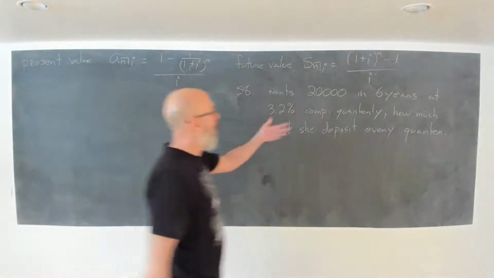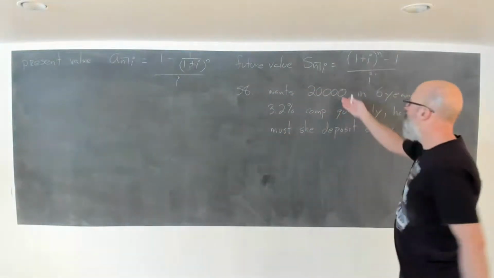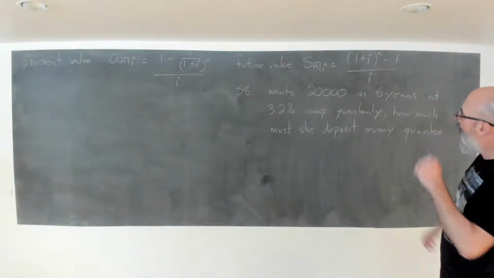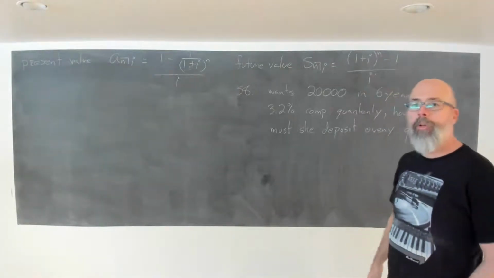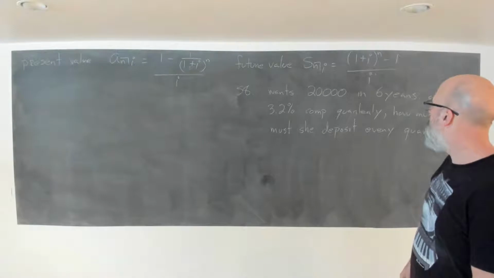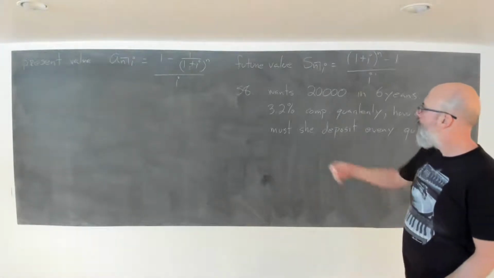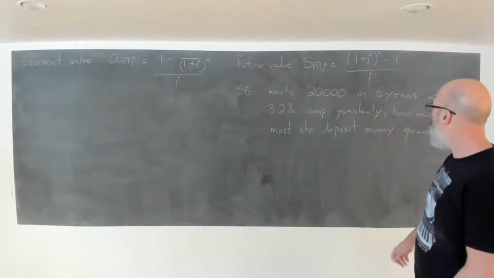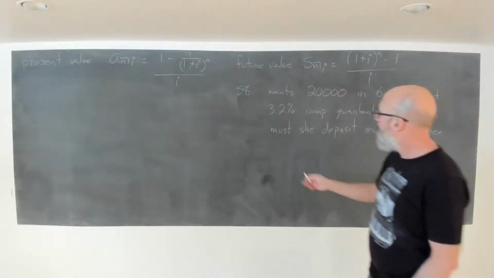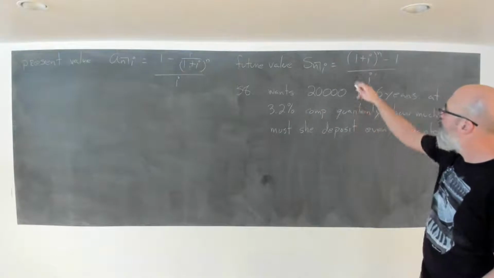So a likely scenario, right? You want to buy a house or a car in 6 years, whatever the case may be, you want $20,000. How much must you contribute every quarter so that you end up with that? So again, future value, right?